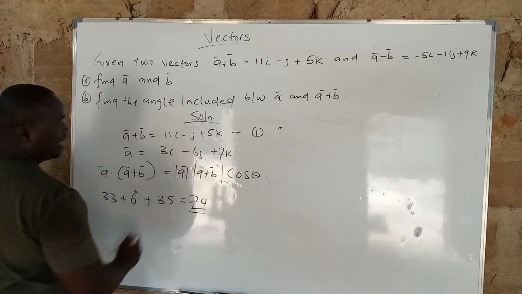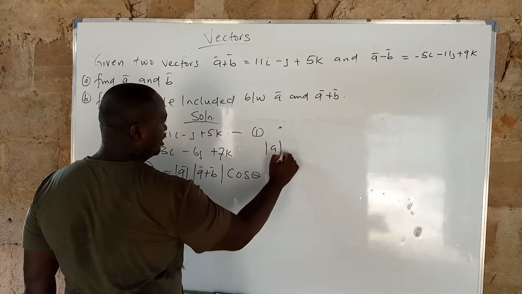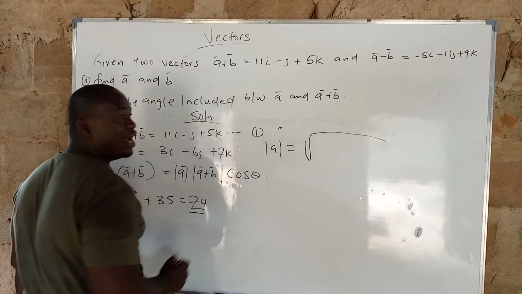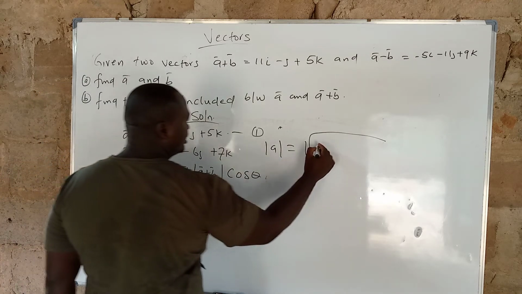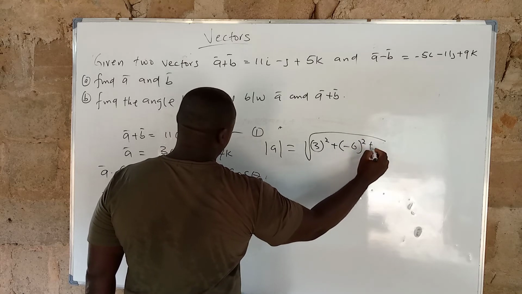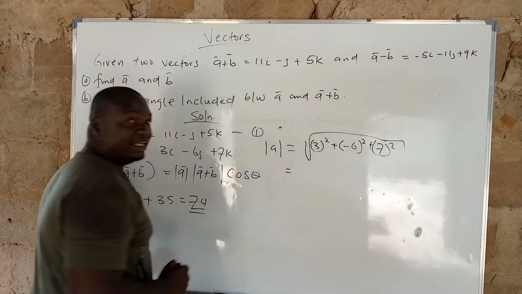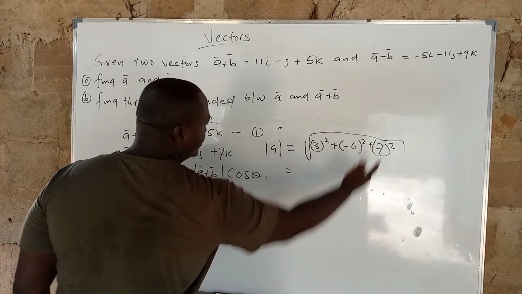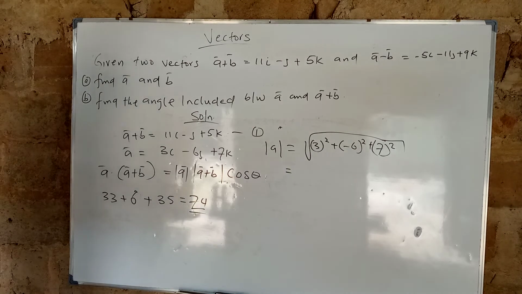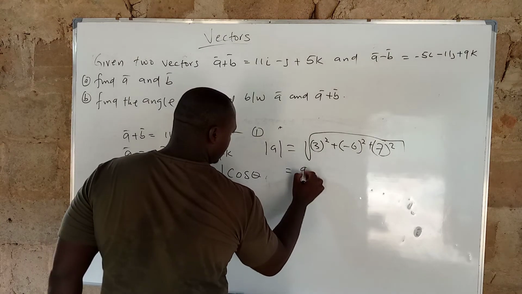Now, you already know the answer to A dot B. But this symbol is the magnitude of A and the magnitude of A plus B. For you to get the magnitude of A, you put a square root, and then you square all these values. This is 3 square plus minus 6 square plus 7 square, right? This will give you 94.9. I'm going to do it straight because I've already taught you guys how to do this under multiplication. The answer you should get here is 9.7.